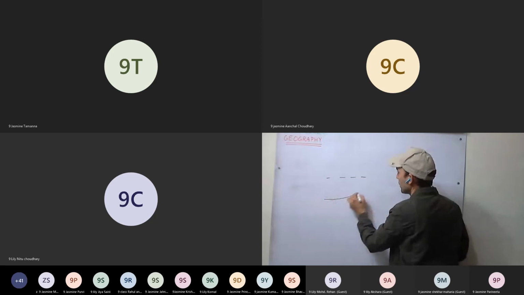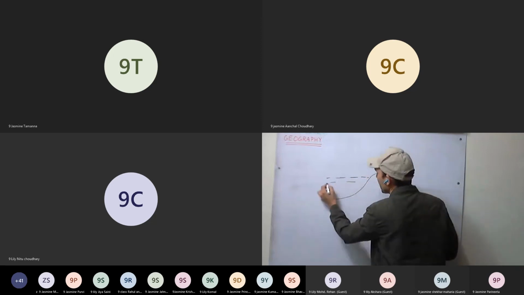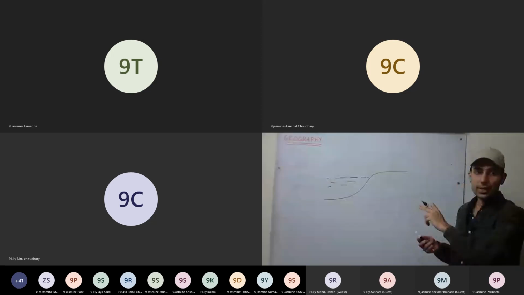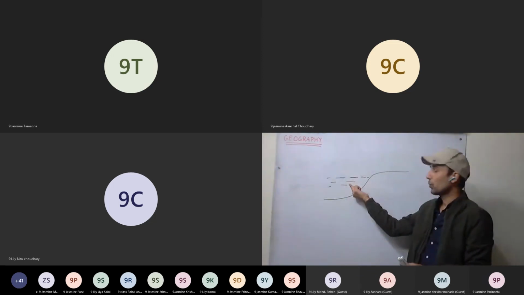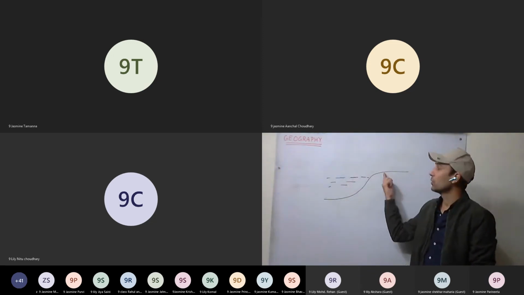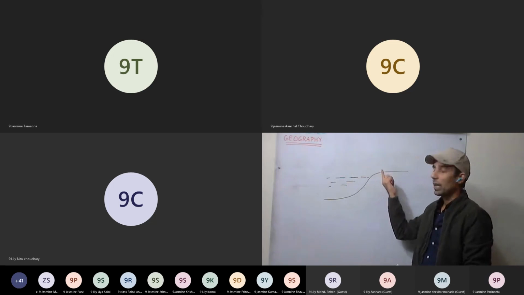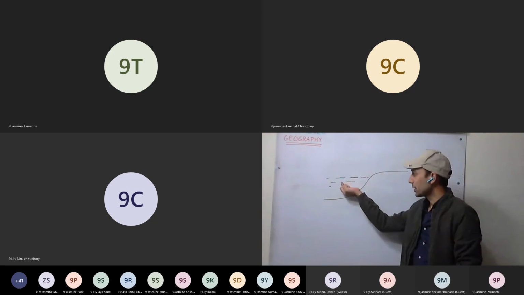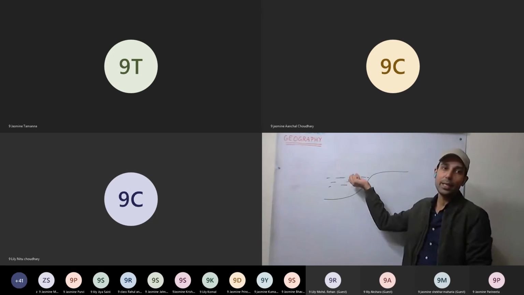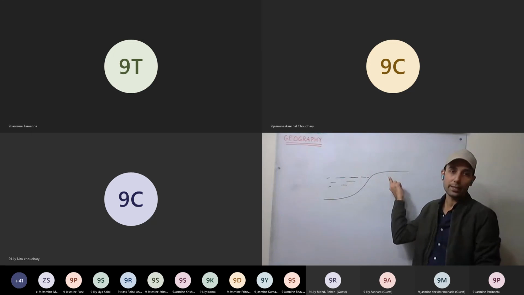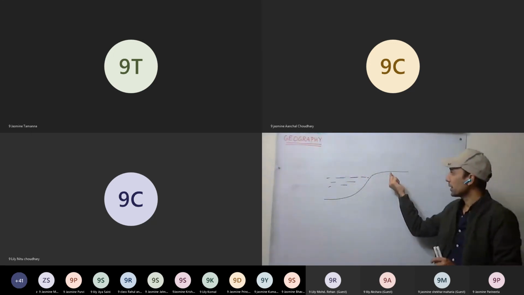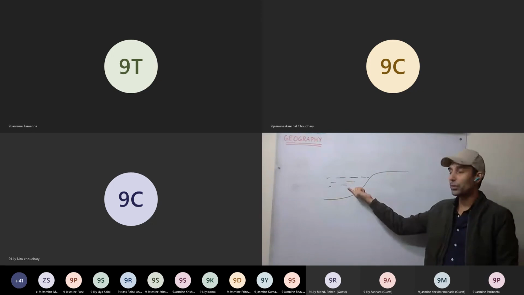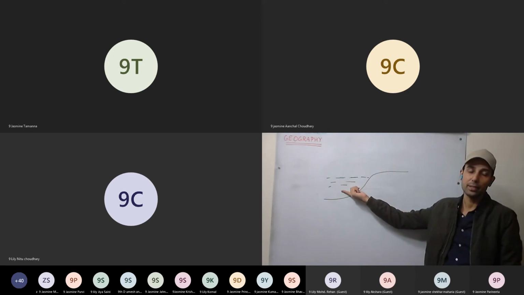We have water, we have land. Their heat capacities are different. If we give the same amount of heat to water as well as land, the rise in temperature in the sea will be less as compared to land. It means for the same amount of heat, temperature rises more on land as compared to the sea.